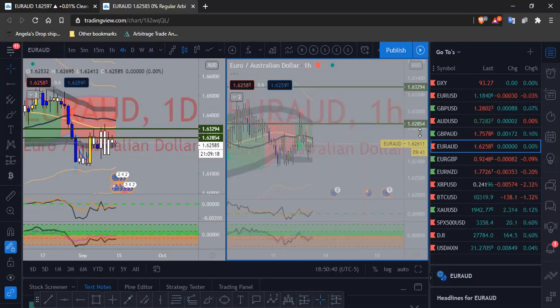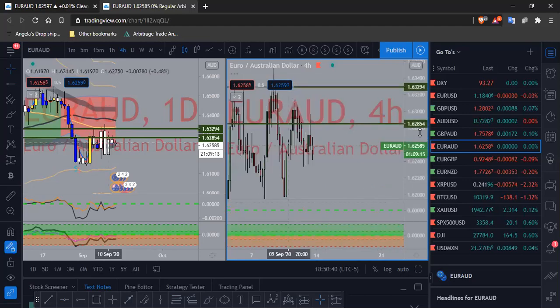Well, whenever that happens, but I'm pretty sure the 4 hour time frame is also gonna. Oh, there you go. Now it wants to pop up. Just gonna give it some time.